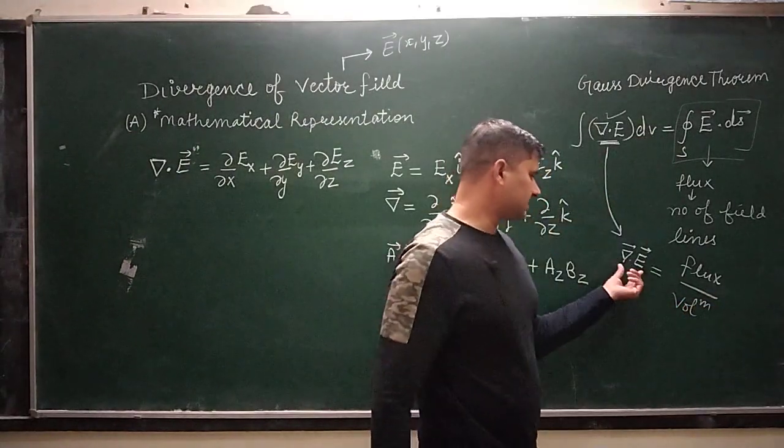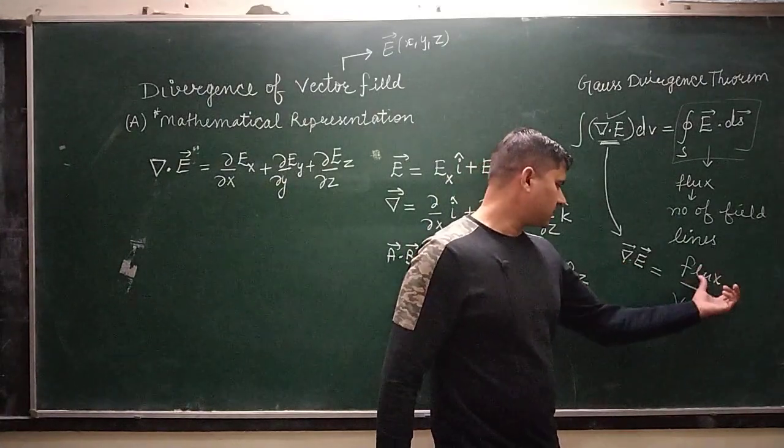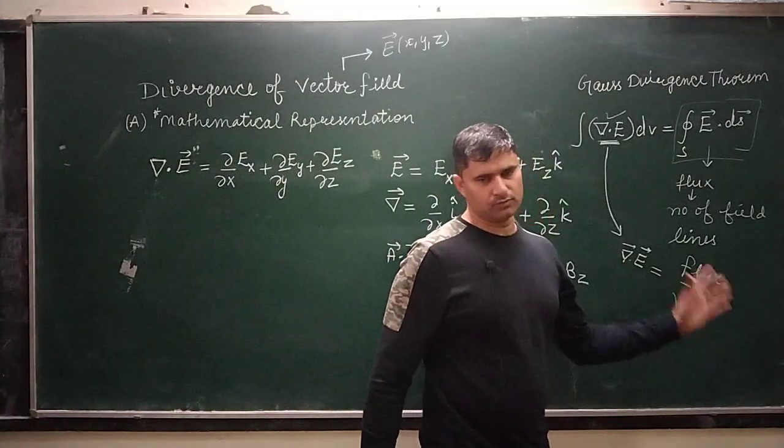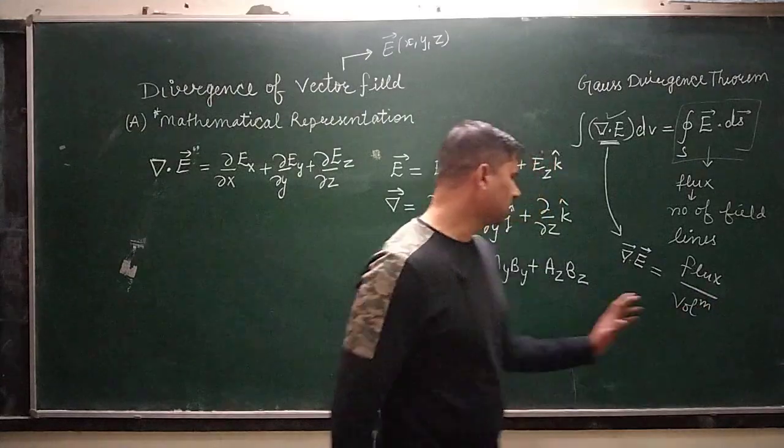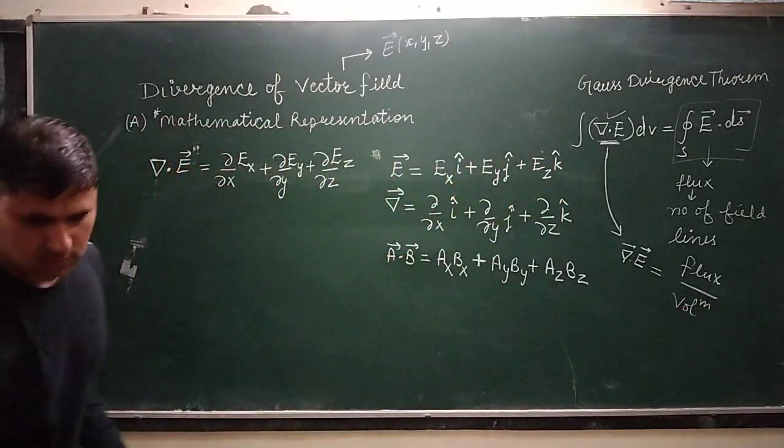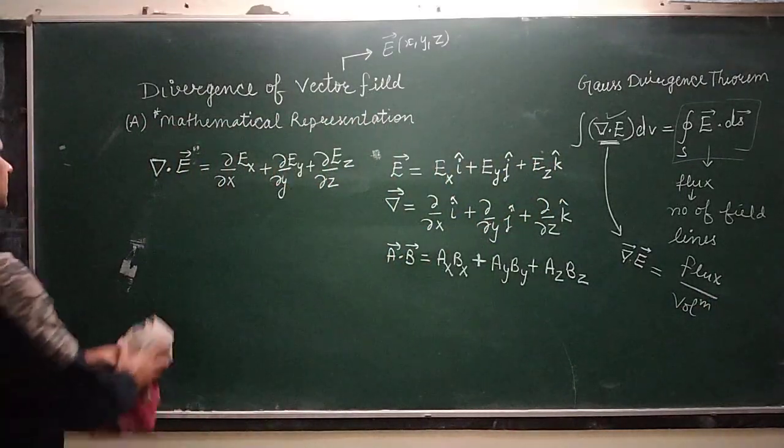So simply divergence is flux per unit volume, flux passing out per unit volume. So we are to show this thing.